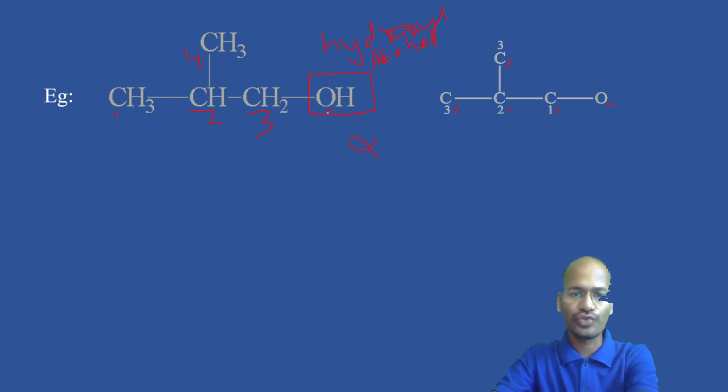And this carbon is directly attached to it, and so this can be called the alpha carbon. And so the numbering should start from this particular carbon, and that is the reason why number 1 was given to this. And the carbon that was directly attached to alpha is called beta, and it should carry the second number.